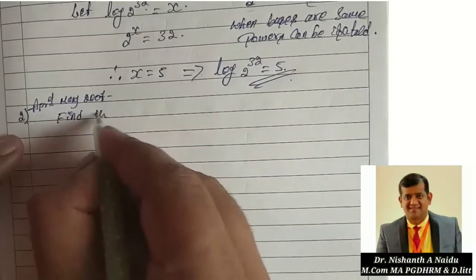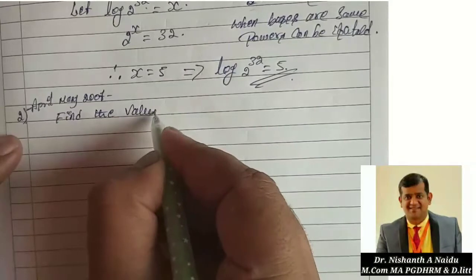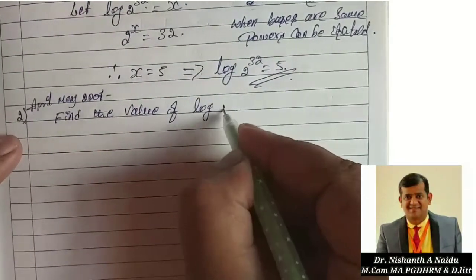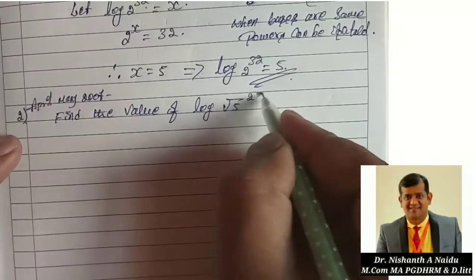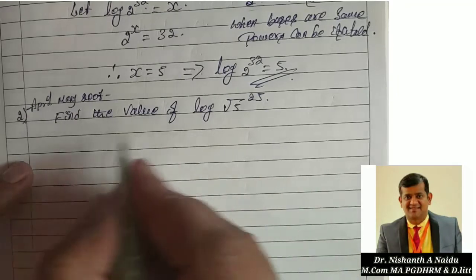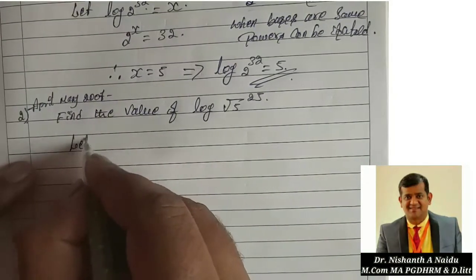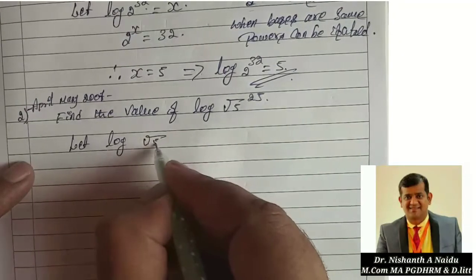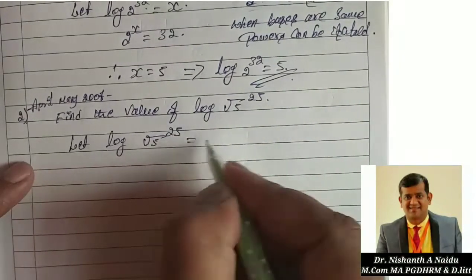So next, problem number 2. Find the value of log root 5 to the power 25. Let us take log root 5 to the power 25 equals x.